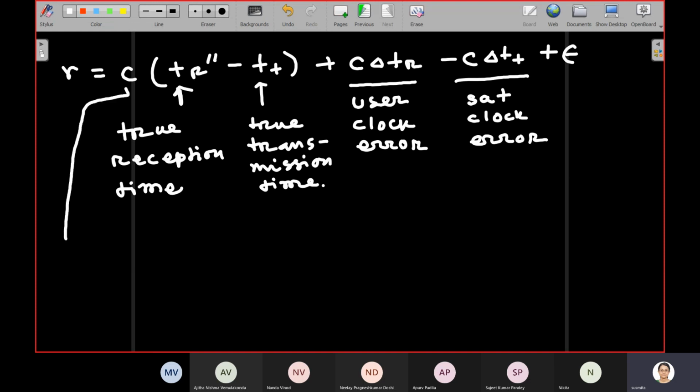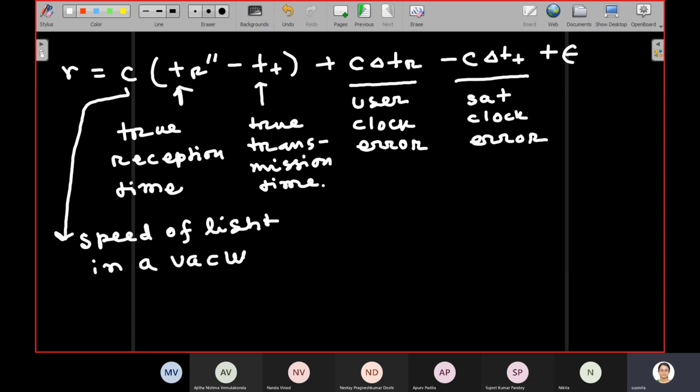So this is the speed of light, the carrier basically, speed of light in a vacuum. So this is 299792458 meters per second. Okay.